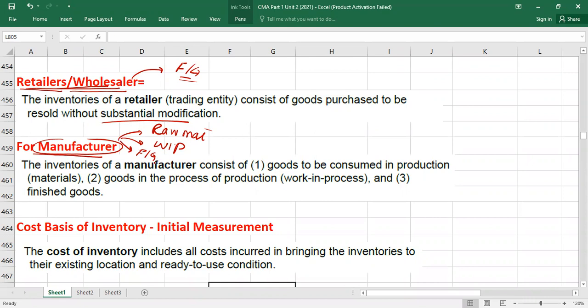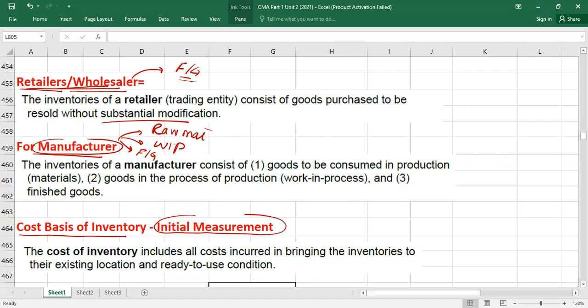Now here, the main point I'm going to start now after the basic introduction, 2-3 definitions. We just discussed what inventory is. We discussed the retailer definition and the manufacturer definition. Now we are going to talk about, guys, cost basis of inventory. Okay, so we will go through this topic, and it is especially called initial measurement.